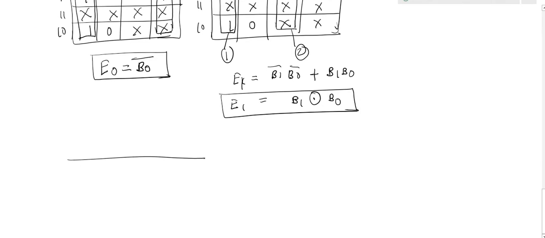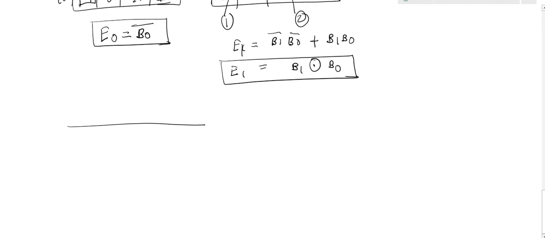Now again a 4 by 4 variable K map I am going to draw. And this is E3.